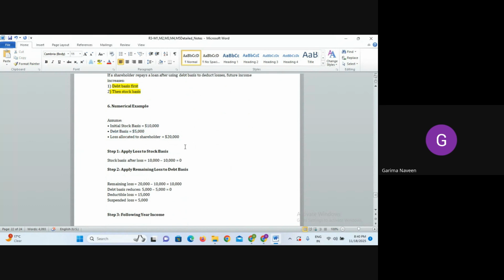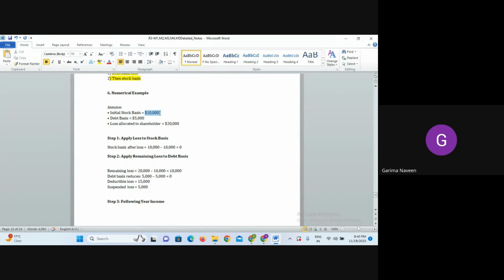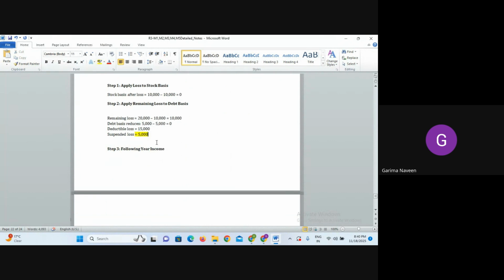How is this loss allocated? First you reduce your stock basis to 0, then your debt basis to 0, and the excess of the loss, $5,000, you need to carry forward.